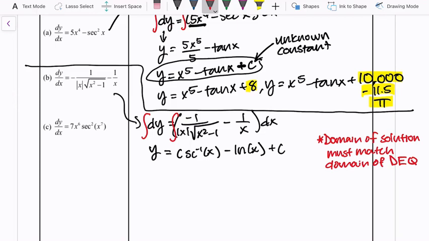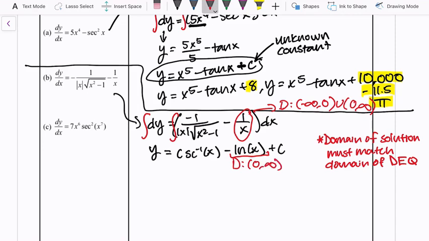Okay, so what that means is if I were to find the domain of 1 over x, I know that domain is negative infinity to 0 and 0 to infinity because we have that vertical asymptote. Right now our domain of the solution, natural log of x, is just 0 to infinity, right? Because we can't have negatives, can't actually include 0.